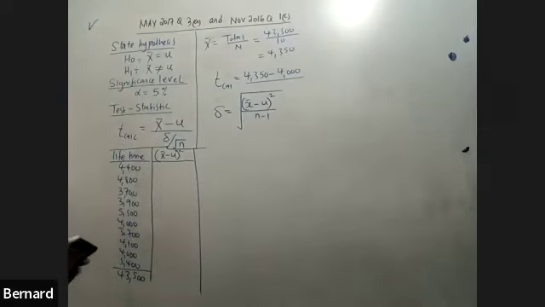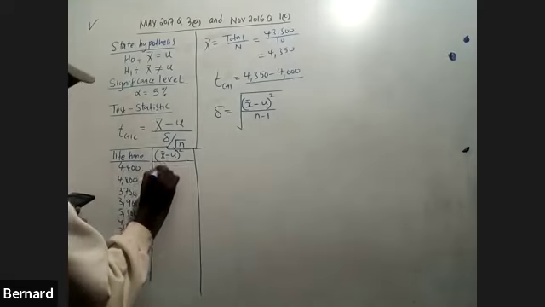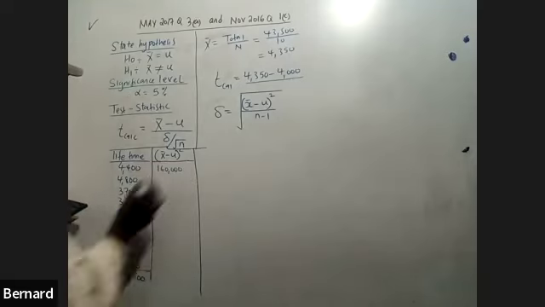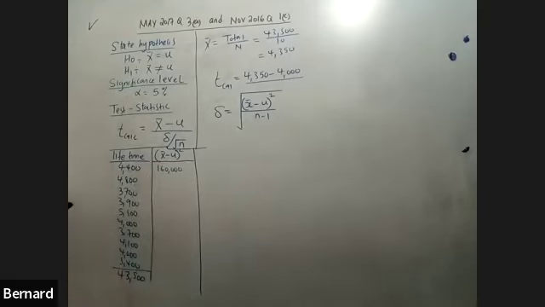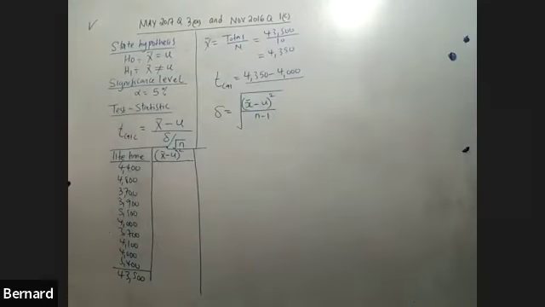Then we tafute, so ya kwanza itakuwa ni 4400 minus 4,000 squared. This one is 160,000. 4800. Ni hii. Tunasema 4350 minus 4350 minus 4400 squared.